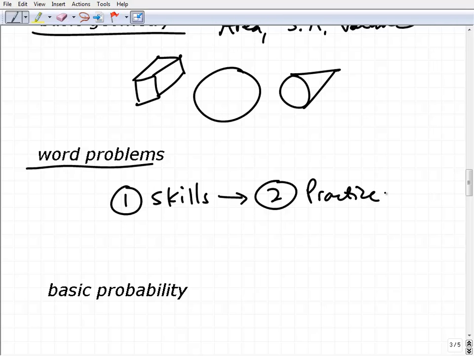You're going to have to practice. But before you can practice and apply what you know, you have to master these skills. So that's why you have to approach this test in a logical manner. You've got to get your skills down first, and then you practice word problems. You just can't say, well, let me solve this word problem, but you don't even know how to deal with the skills that are going to be required in the problem. So there's an order to everything.